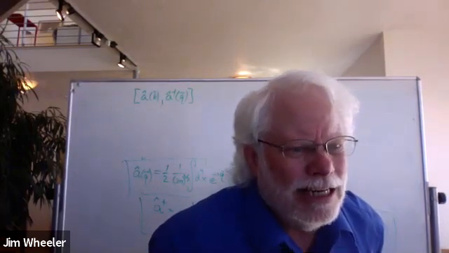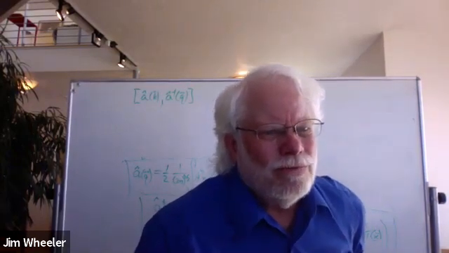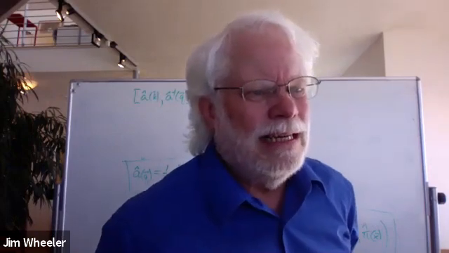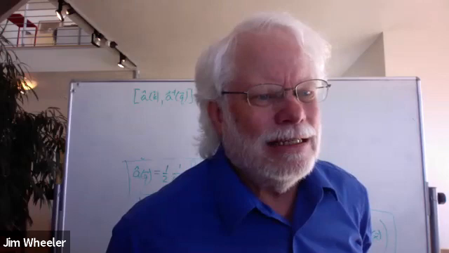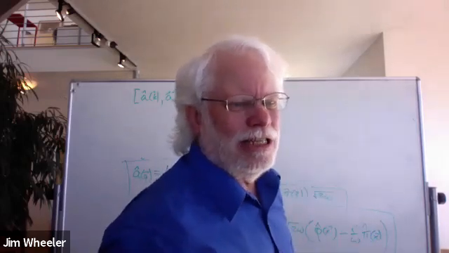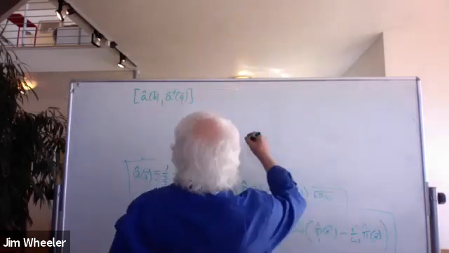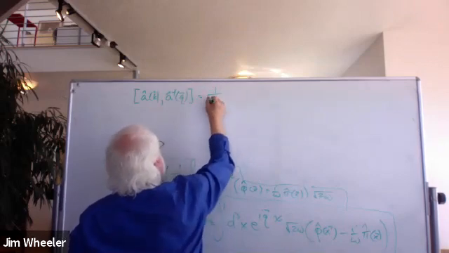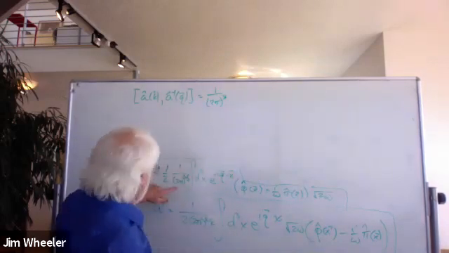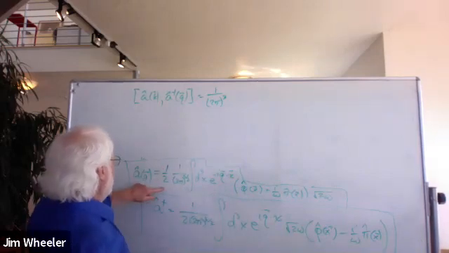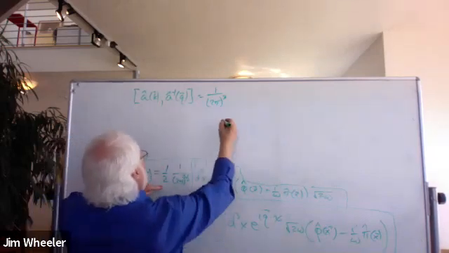Yep, that's just what I did here. So what this turns into is a commutator where we have two normalizations, so I think we're going to get a 2 pi cubed here. So we get that. Looks like we get a quarter.